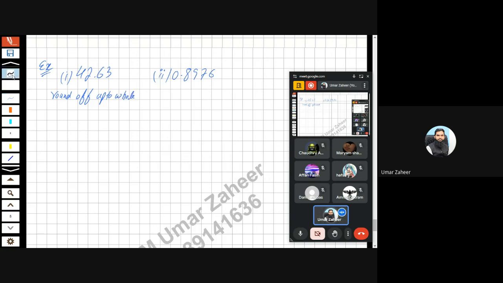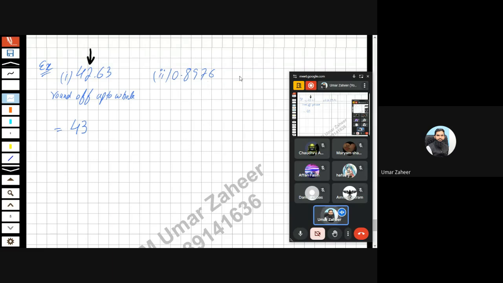So where is the whole number? The whole number is here. After the decimal, the decimal part starts, right? So after 2, you have to look at the number. If it is 5, 6, 7, 8, 9, then you have to add 1. If it is lesser than that, you don't. Look here, it is 6, so more, so after rounding off, 42.63 will become 43. All right.